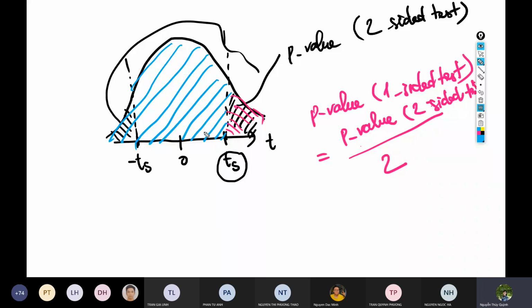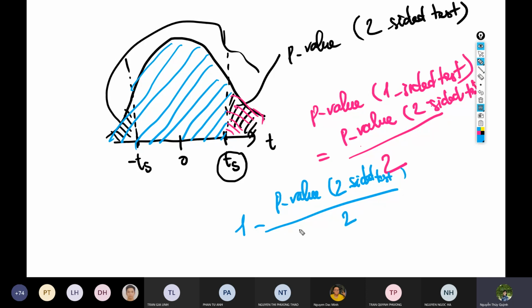Then you have to take the area to the left of the test statistic, which is a very large p-value here. You just have to take 1 minus the p-value of the two-sided test, divided by 2.